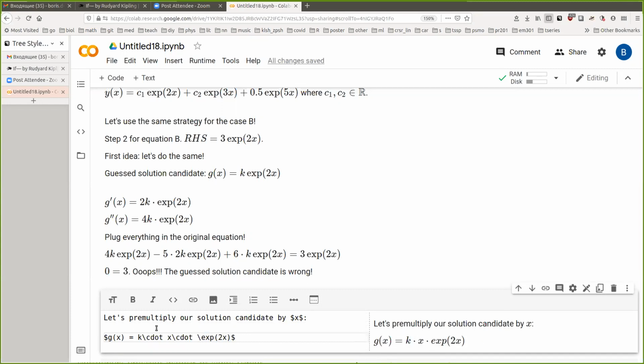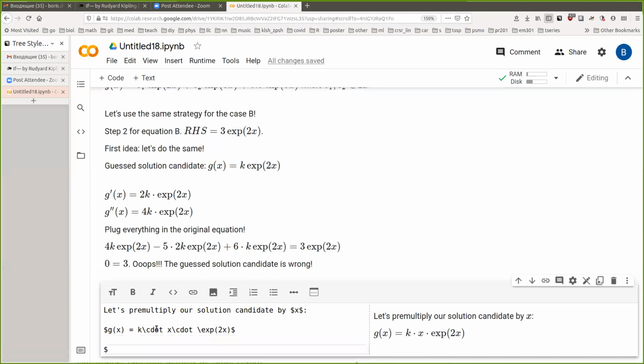So we have multiplied not by a constant, because multiplication by any constant is useless. We will always get a 0 if we try to guess any exponent of 2x multiplied by any number. Okay, so we have g of x.